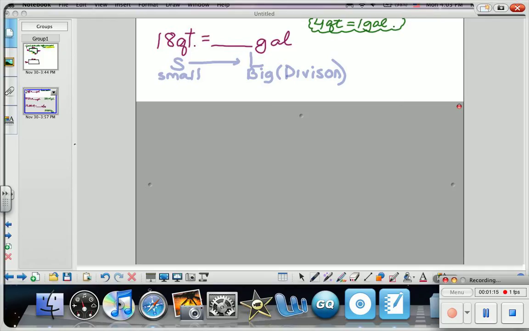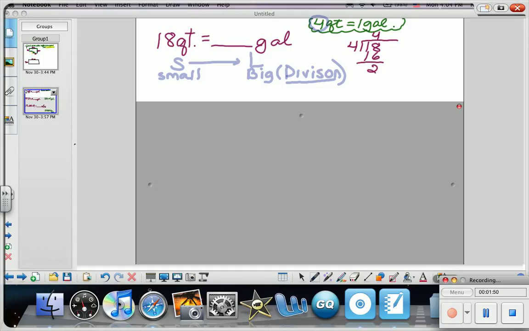If you look up here in green, I have 4 quarts equal 1 gallon. That's my conversion factor. 4 is the magic number here. That is your conversion factor. You're going to be dividing 4 into 18. So let's take a look at that. We can go 4 into 18. 4 goes into 18 4 times. 2 left over.